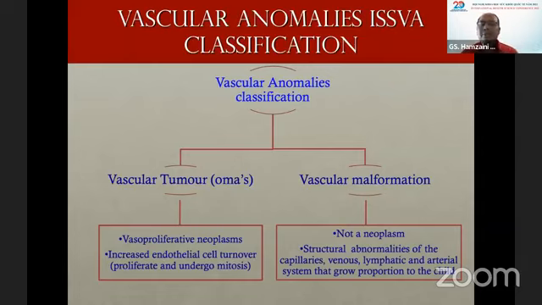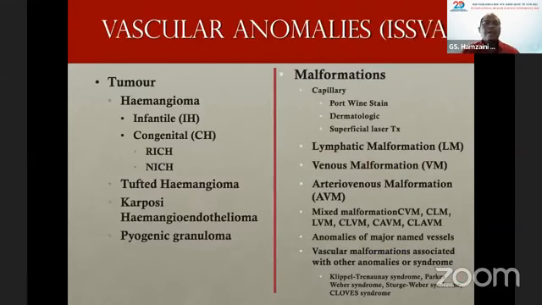The other one is vascular malformation. They are not neoplasms. They are structural abnormalities of the capillary, venous, lymphatic, and arterial systems that grow proportionate to the child. Okay. We divided into two, vascular tumor and vascular malformation. Vascular tumor, for example, hemangioma, can be divided into infantile hemangioma and congenital hemangioma.